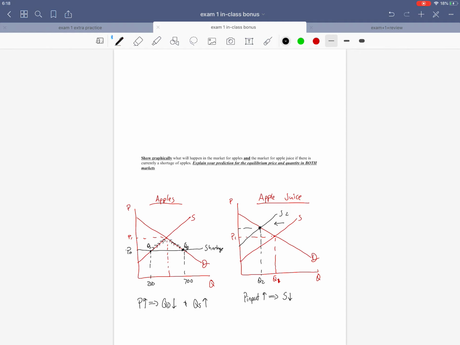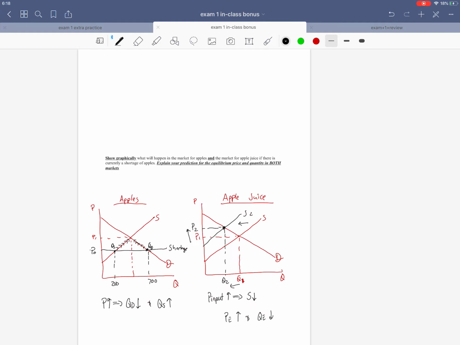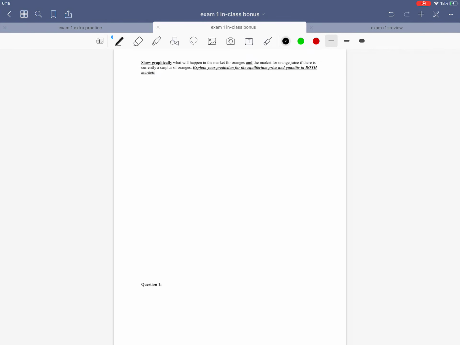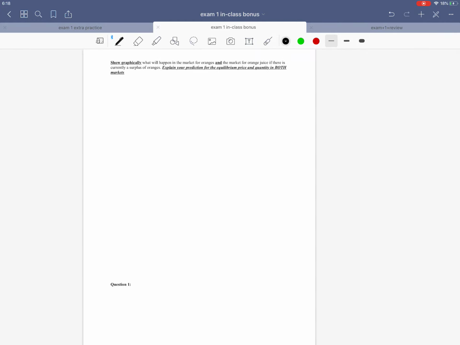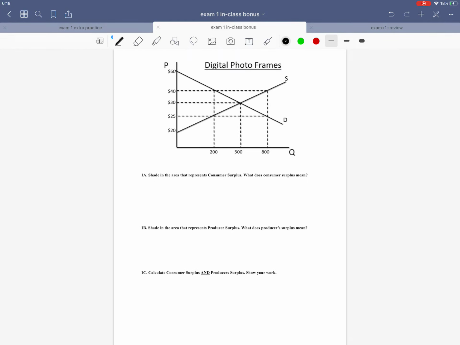It's going to be right here where our new supply curve intersects our existing demand curve. And we see as a result, price is going up and our quantity has gone down. So let's skip over that one.